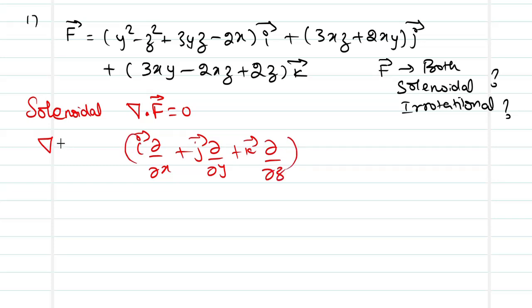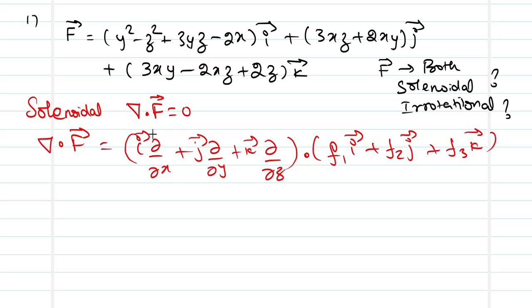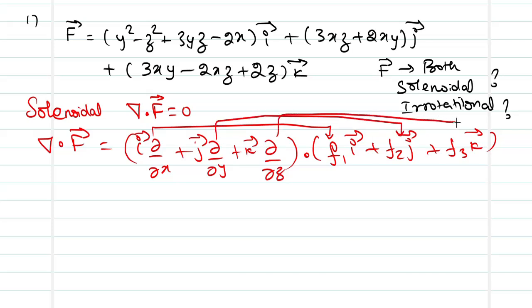And when I take the dot product with f vector, it will be the dot product with f1 i plus f2 j plus f3 k. We know the rule for dot product that i dot i is 1, so this alone will exist. j dot j is 1, so this alone will exist. And k dot k is 1, so this alone will exist. All the remaining mismatches will vanish.